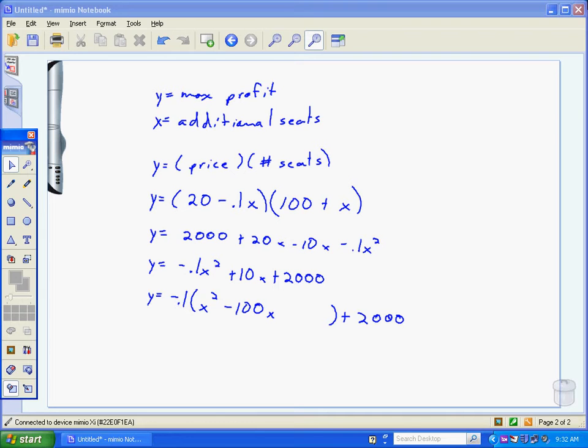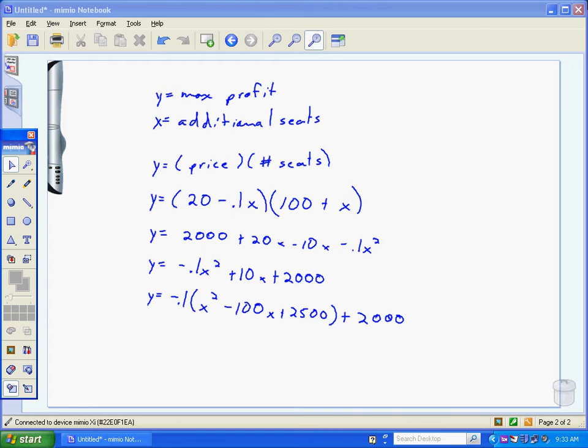I got to take half of that second term, so that's 50. I square that. 50 times 50 is 2,500. 5 times 5 is 25, there's 2 zeros involved, so there it is. We've just added 2,500 times negative 0.1, so I have to add that to the equation.